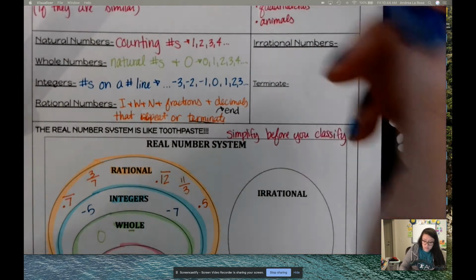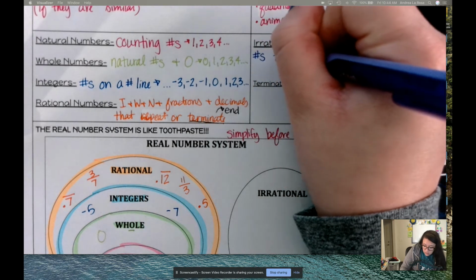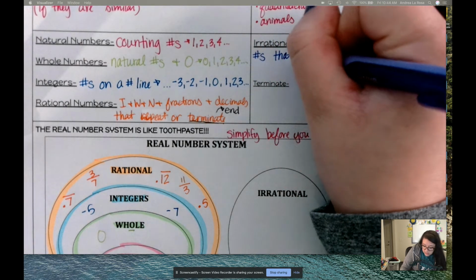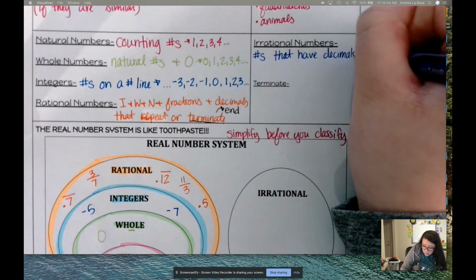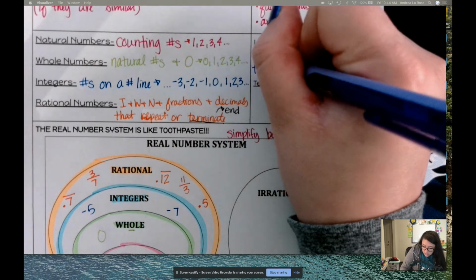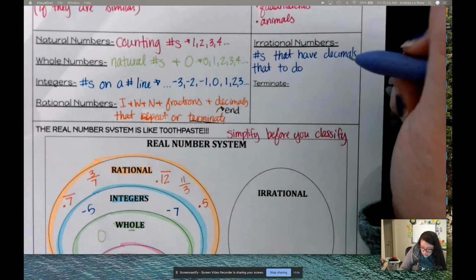Irrational numbers are numbers that have decimals that do not end.